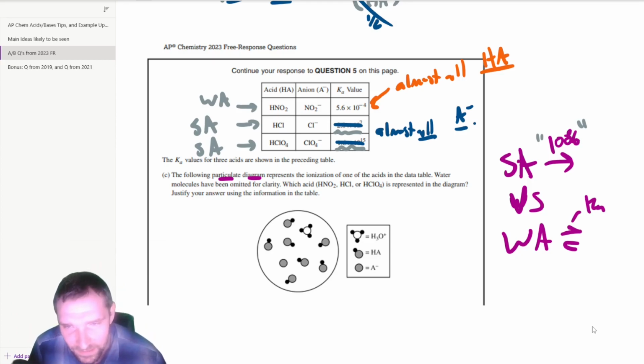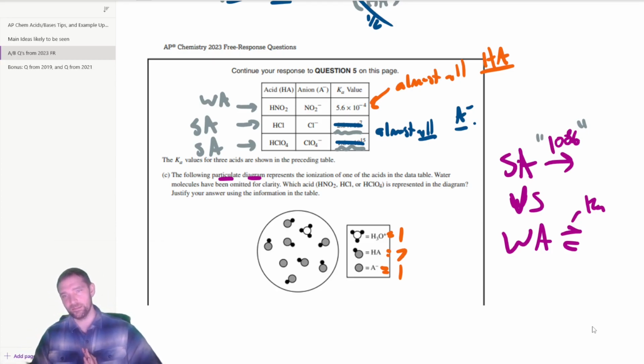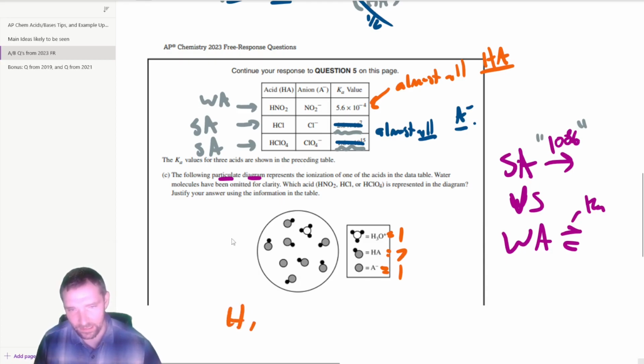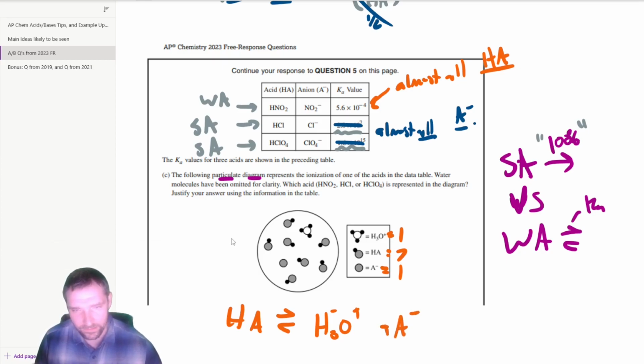Because we see that there's only one of these, and there's 1, 2, 3, 4, 5, 6, 7 of these, and there's one of these, it looks to me like there's been an acid that's dissociated once. So you had this HA break down once into the H3O plus and the A minus.